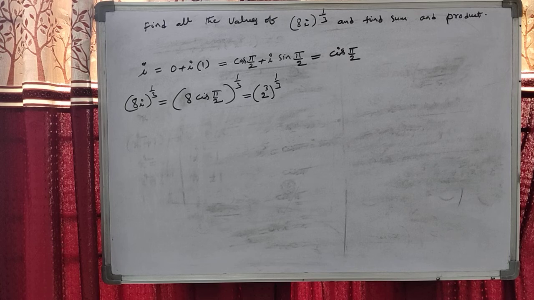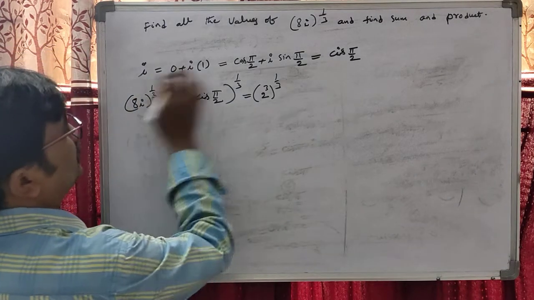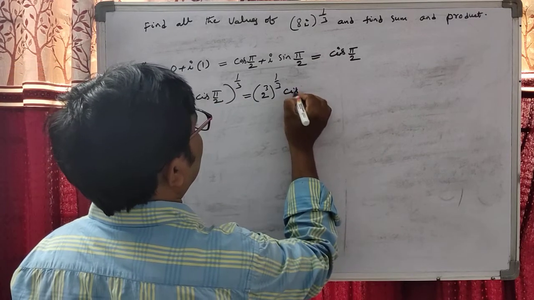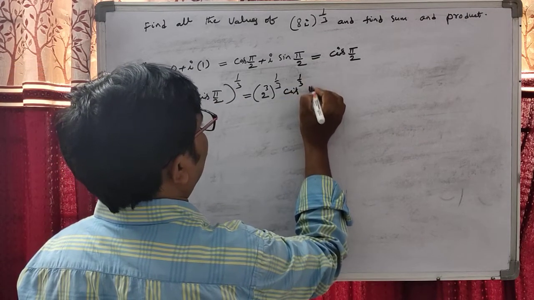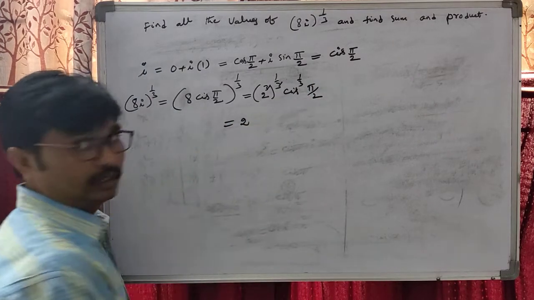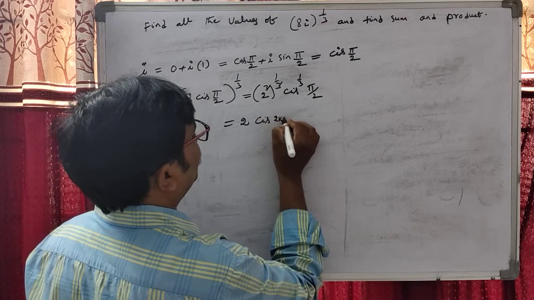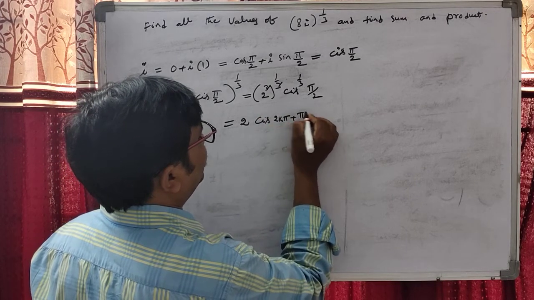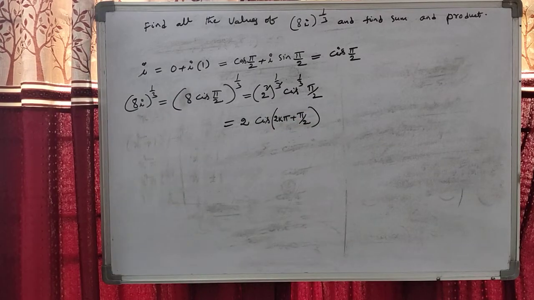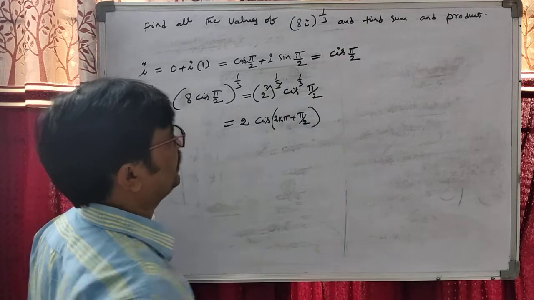Dear students, the 8 can be written as 2 cube, and i is cis of 90. This is cis power 1 by 3 into 90. These two cancel. Dear students, we can write this as cis of (2k pi plus pi by 2). How can you write it, students? The 3 cancels, cis of (2k pi plus theta).